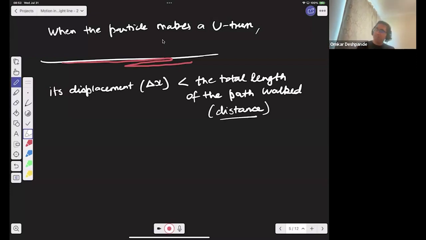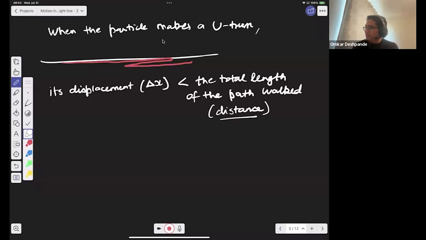So we have to keep in mind that the displacement is purely defined as delta x. We don't care about what happened in the middle. All we care about is the initial and the final locations. Whereas in case of the distance, we care about the total length of the path that it took.